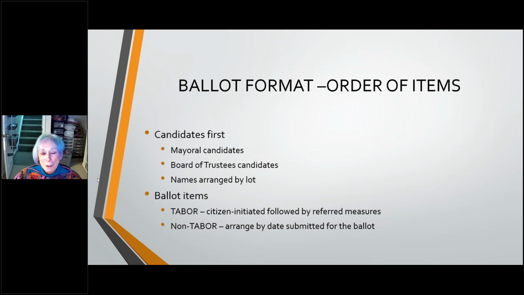Anything that doesn't have to do with money. I can't think of a good example that makes sense. Maybe somebody declaring that in your community you've changed all your street signs, or you painted all your hydrants or something like that. It would be arranged by the date, and then if the governing body puts something on the ballot after that, that would go next. So again, that would be kind of the order of that kind of thing.